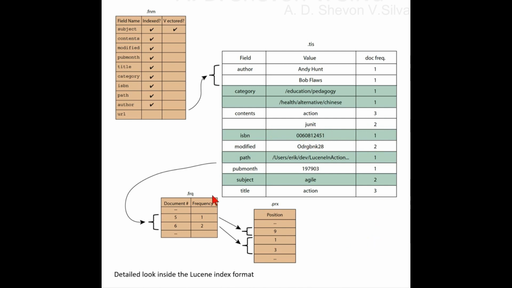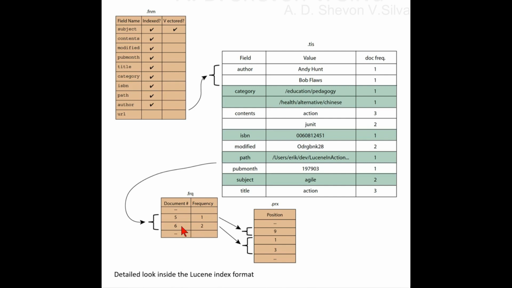Term frequencies. The term frequencies in each document are listed in the .frq file. In our sample index, for example, Ant in Action, document ID 5, has the value JUnit once in the contents field. JUnit in Action, Second Edition, has the value JUnit twice, provided once by the title field and once by the subject field.